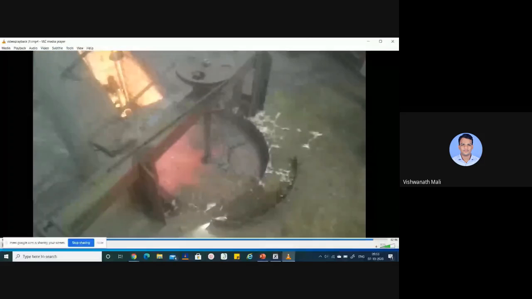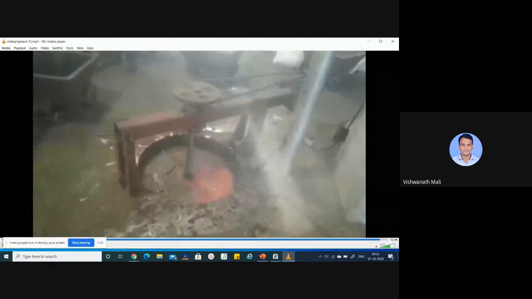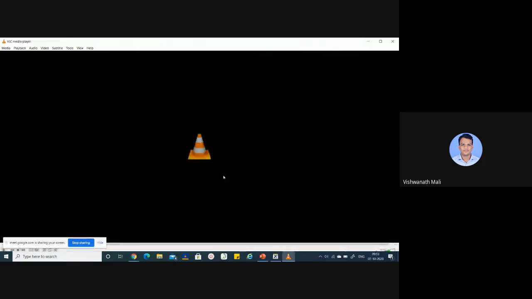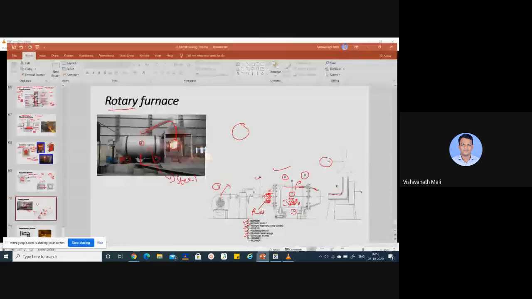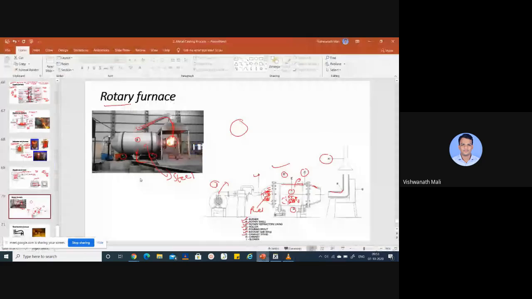Or if you want to mix some alloys, then we can mix in this. Okay, so this is how it works. Rotary furnace. The biggest advantage of this rotary furnace, as I told you, is mixing of alloy.